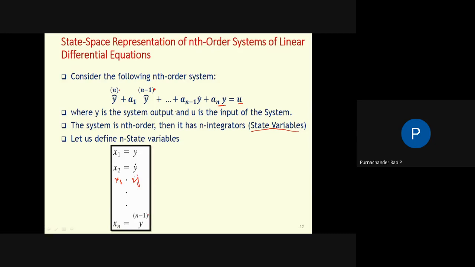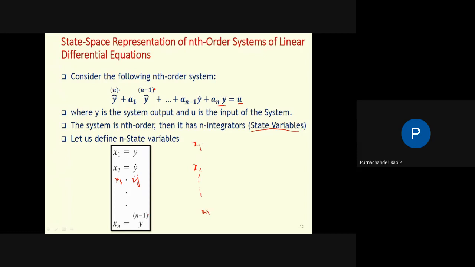Here you are not given any circuit, only a differential equation. So by using this differential equation, we need to write the state variables and state equations. Because it is an nth order system, you will have x1, x2, and so on, xn.